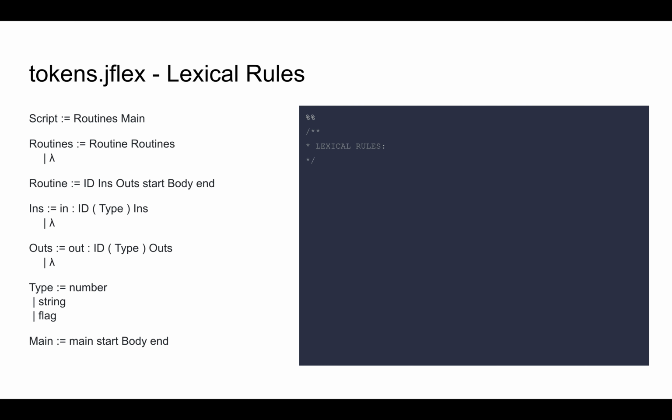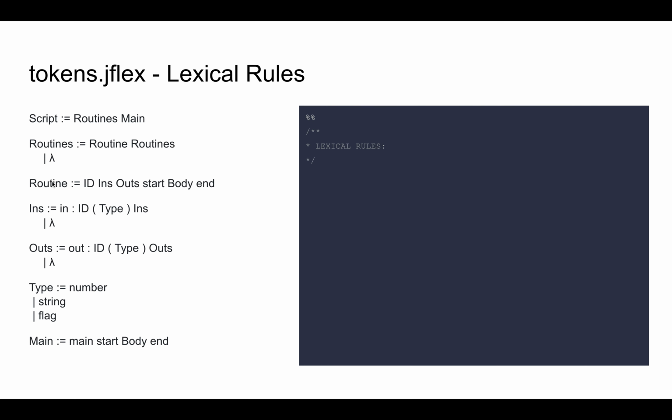For example, is script a terminal? The answer is no, because it can be represented as a listed routine followed by the main routine. And then, is routine a terminal?